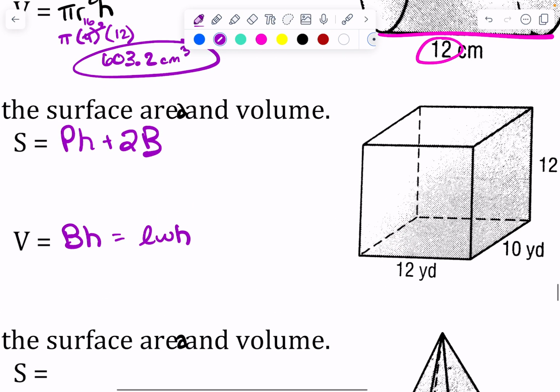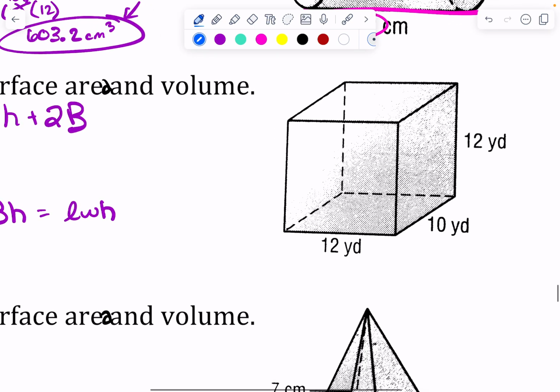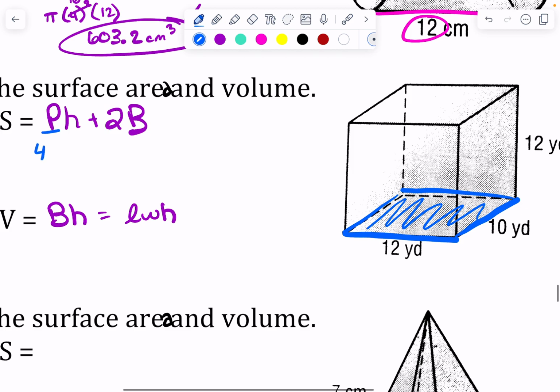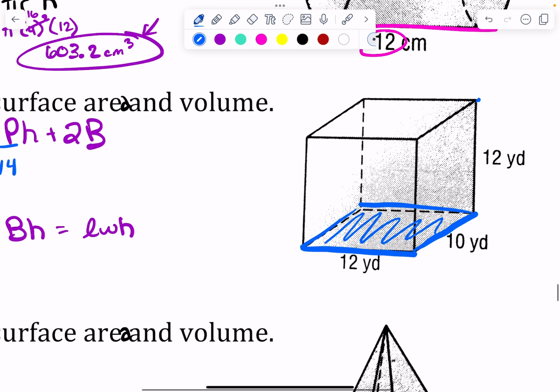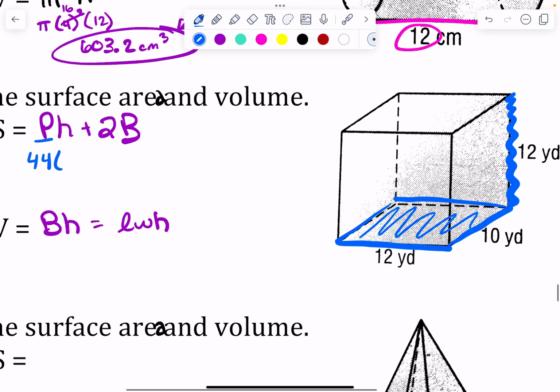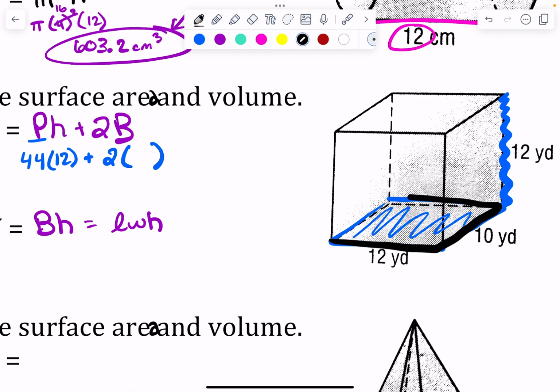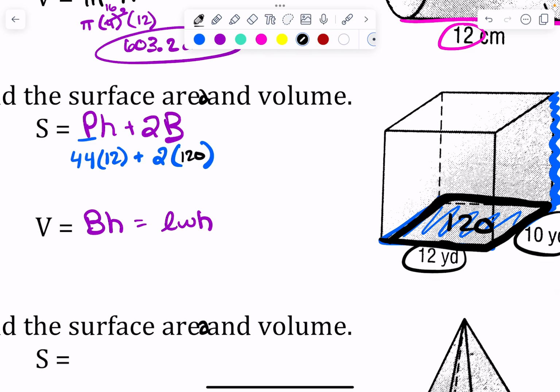All right, let's talk about these things. Capital P is the perimeter of the base. So if I assume that the base is the bottom, the perimeter will be 12 plus 10 plus 12 plus 10, which is 44, if I add those all together, okay, times the height, which is 12, so 44 times 12 plus 2 times capital B, and capital B is the area of the base, and the area of that is base times height, so 12 times 10 is 120, that's capital B. Okay, I'm just going to type that all in, 44 times 12 plus 2 times 120 is 240.